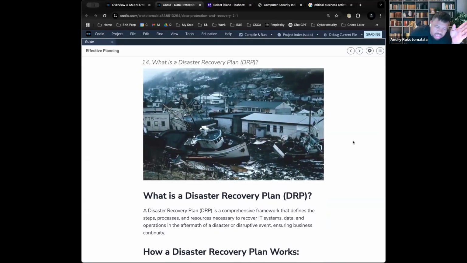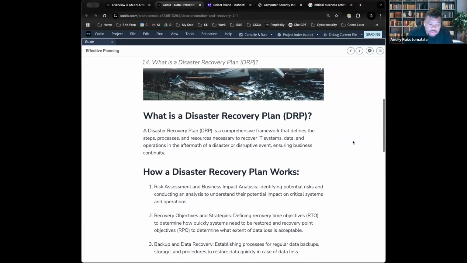Now, if the BCP were to say, hey, how do we continue our operations? It's about operations and getting back up and running, right? Disaster recovery is how we respond to and recover from IT disruptions. Okay, so typically the BCP and DRP work in conjunction with each other.